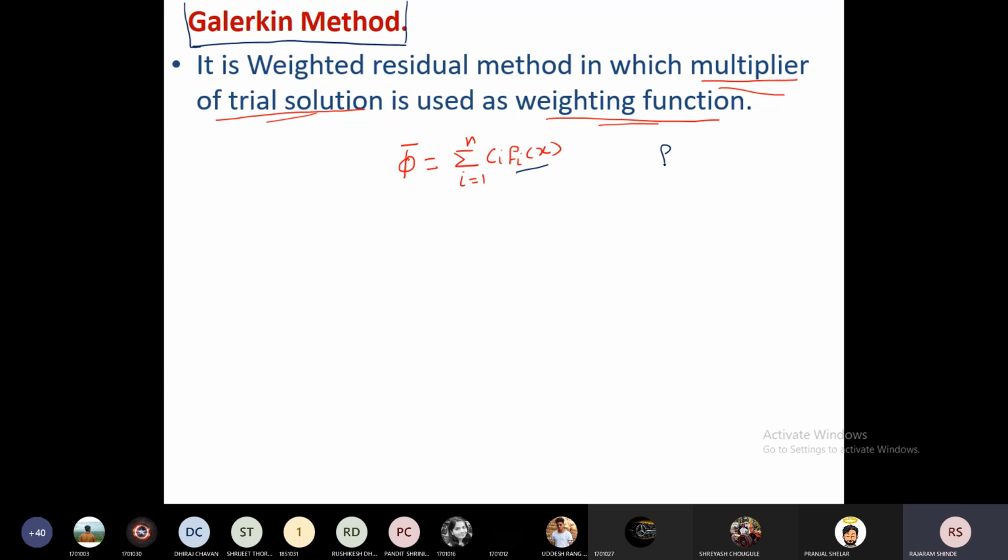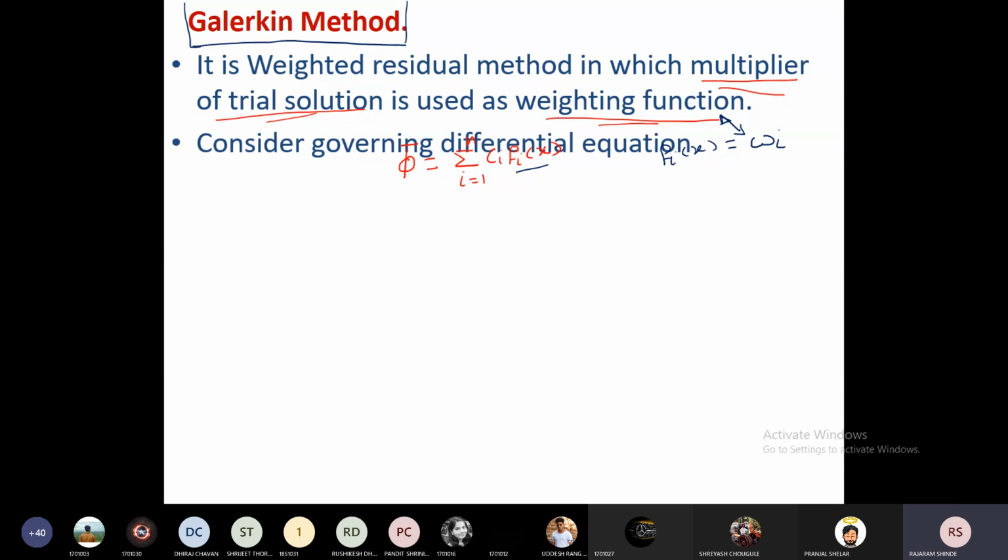This fi x is selected as the weighting function, wi. I have got it. It is a weighted residual method in which the multiplier of the trial solution is taken as the weighting function for solving the differential equation.